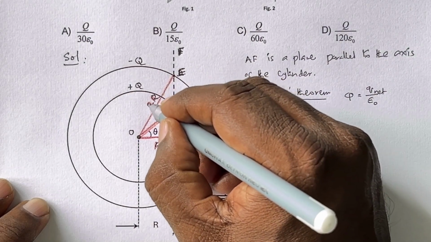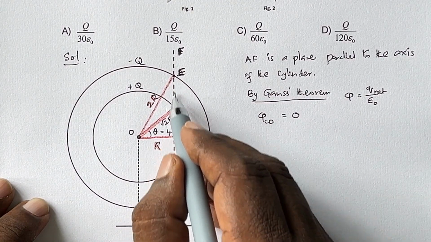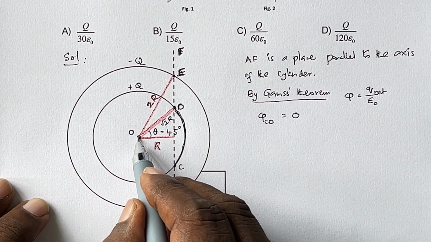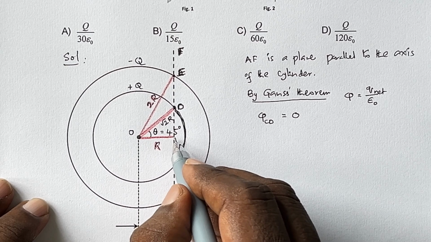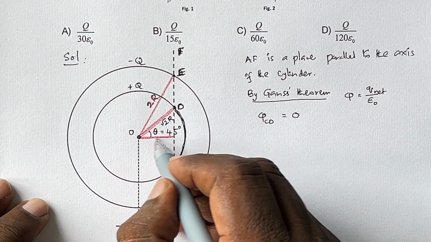So this is 2R and this is R, in a right angle triangle.